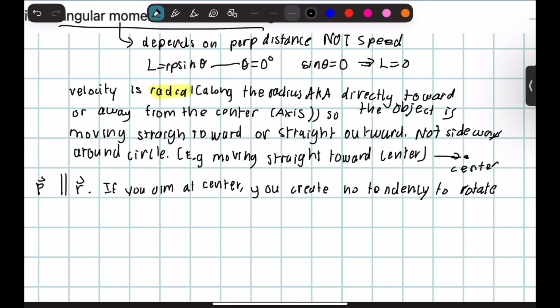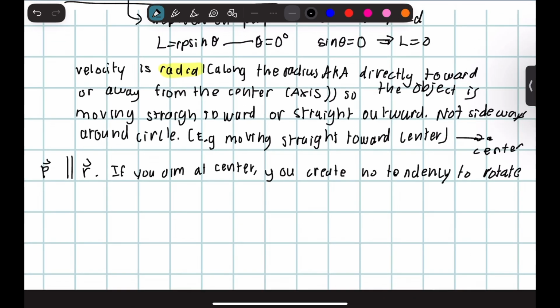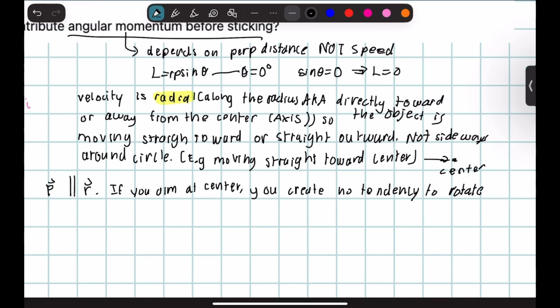And what does that mean? Along the radius, aka toward or from the center, which is the axis. The object is moving straight inward or straight outward, not sideways around the circle. So that would mean it's moving straight towards the center of the circle. And we also know that the p vector is parallel to the r vector.